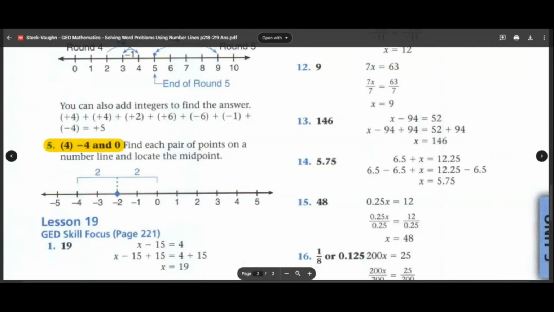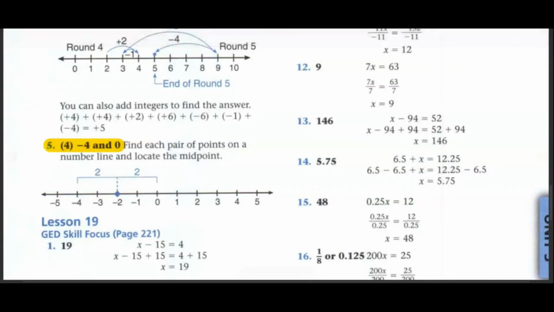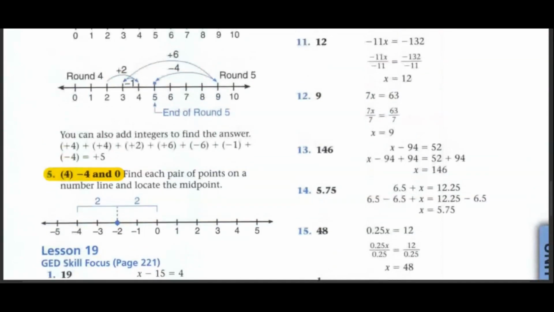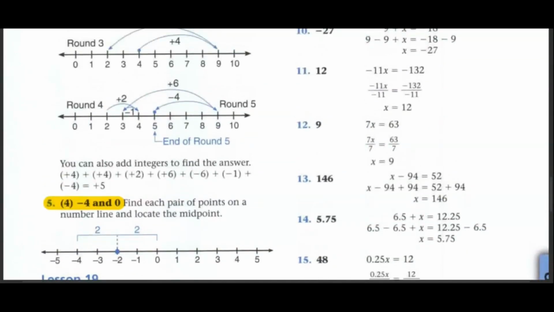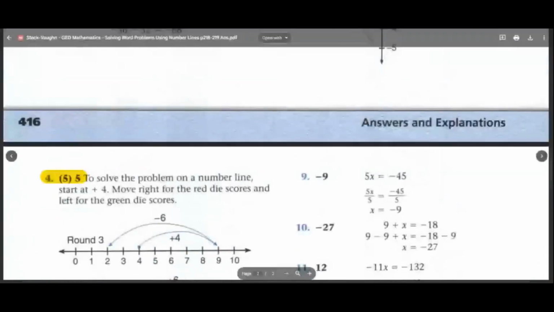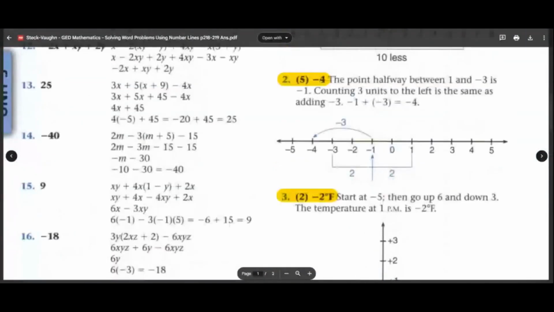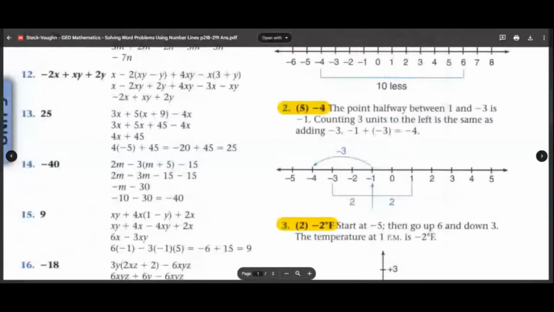Any questions? Number 2. All right, let's see what number 2 said. Number 2 said, on a number line, Max places a mark 3 units to the left of the point halfway between 1 and -3.